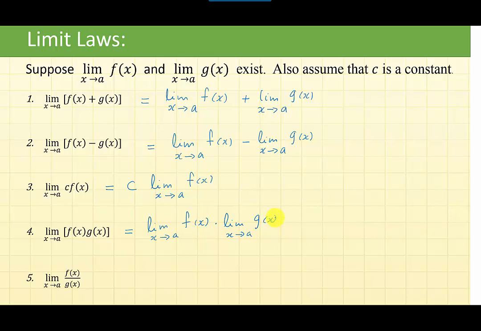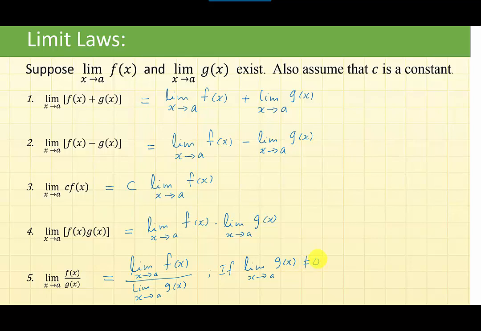The limit as x goes to a of f of x over g of x, or limit of a quotient, is equal to the quotient of the limits. So the limit of f of x divided by the limit of g of x. The denominator cannot be 0, so the limit of g of x is not equal to 0.